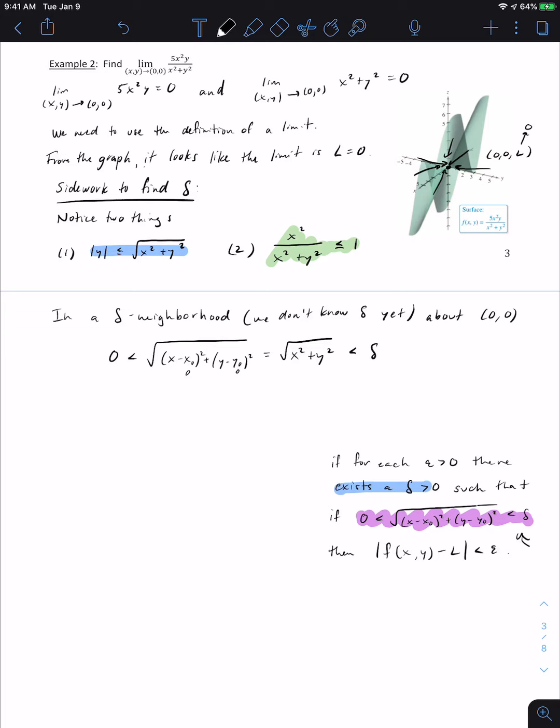Because it's a delta neighborhood, so I know that the distance between any point x, y and 0, 0 is less than delta. So in a delta neighborhood, this is what we have happen.